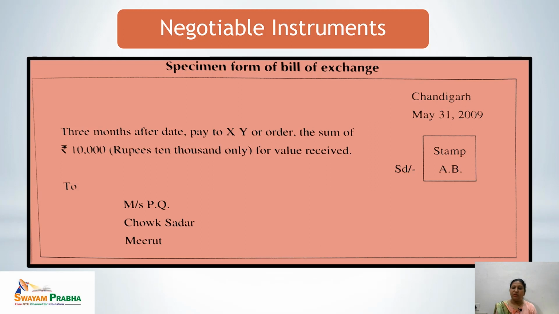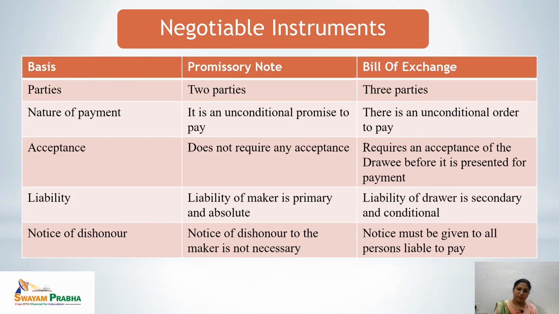There is a space for signature, there is a space for stamp, a place is mentioned, date is mentioned, amount is certain, and the time is also certain. That means all the essentials which we have read in the previous slide are mentioned here. So the presence of all those essentials makes it a valid bill of exchange.